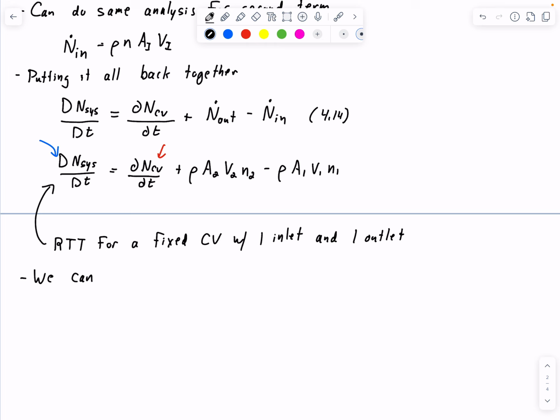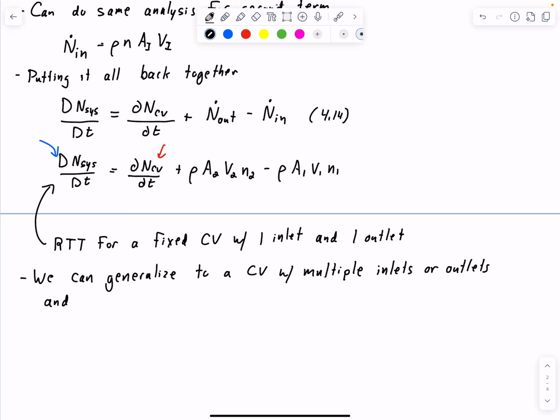So we can generalize to a control volume with multiple inlets or outlets. So that's one point we can do.